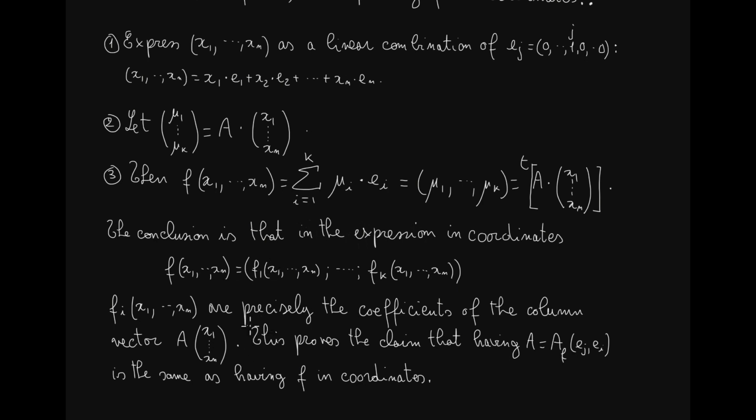The first coefficient of this product is going to be precisely f1 of x1 through xn. The second coefficient of this product is going to be f2 of x1 through xn, and so on. So this proves the claim that having the associated matrix with respect of the canonical basis is the same as having f in coordinates. We just need to perform this multiplication of the generic vector x1 through xn on the left by the matrix A.